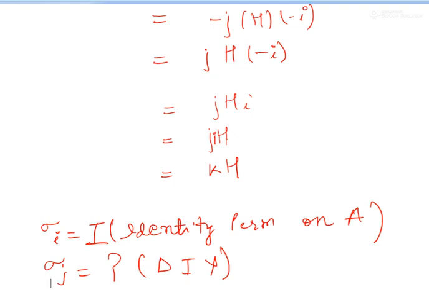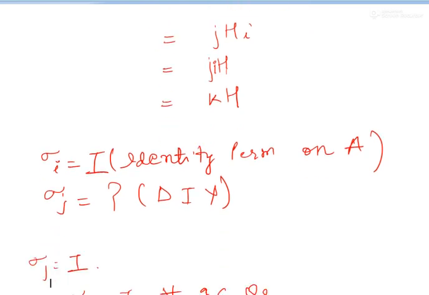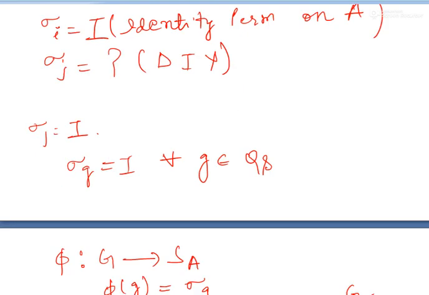So sigma I is the identity permutation on A, and sigma J you have to calculate yourself. It will again come out to be the identity map.